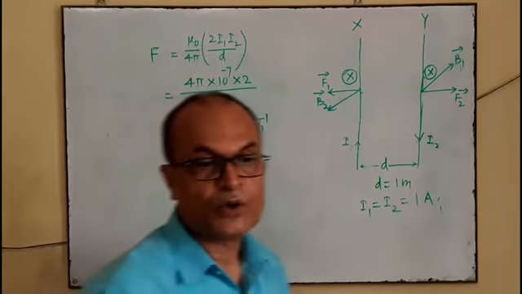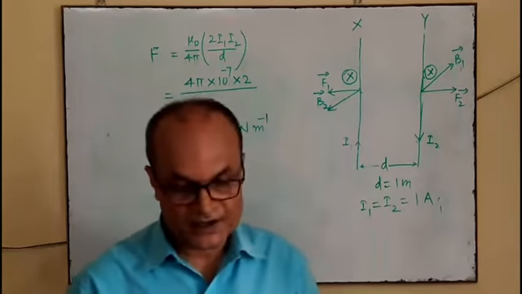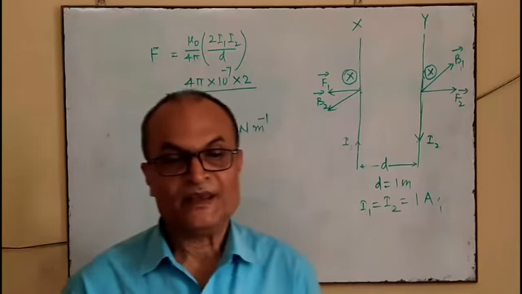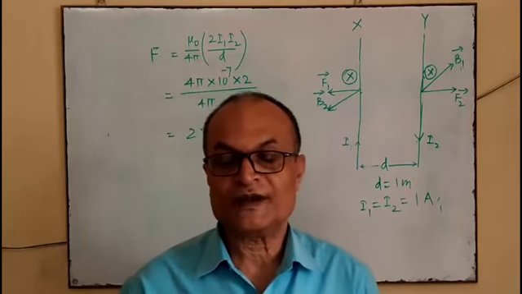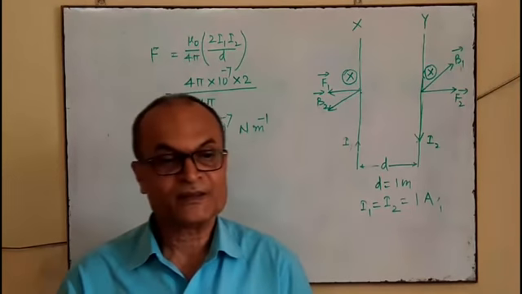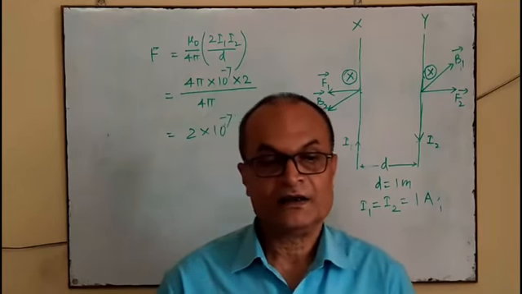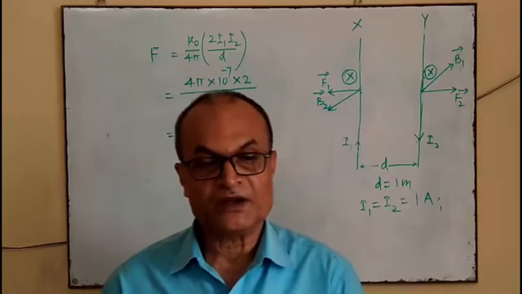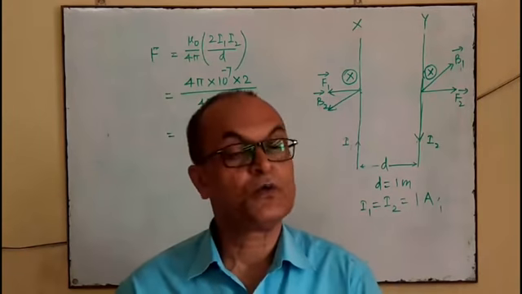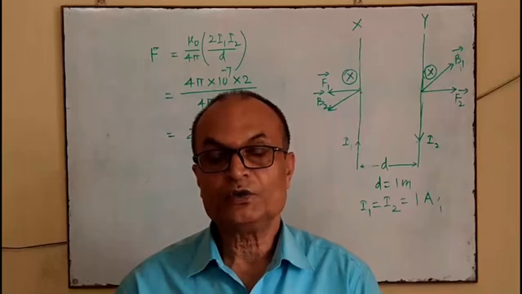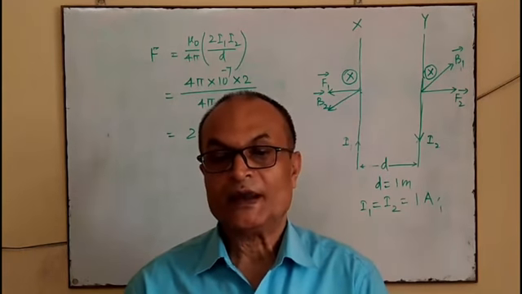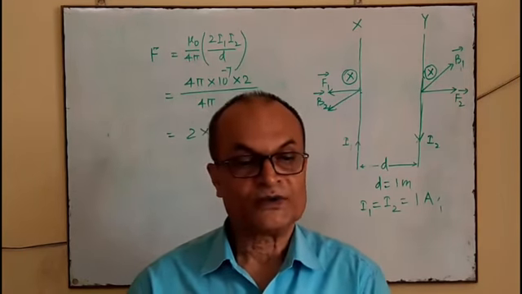So 1 ampere is the current which, maintained in two infinitely long parallel wires of negligible cross-sectional area separated by 1 meter in vacuum, experiences a force of 2 into 10 to the power minus 7 Newton on each meter of the wires.